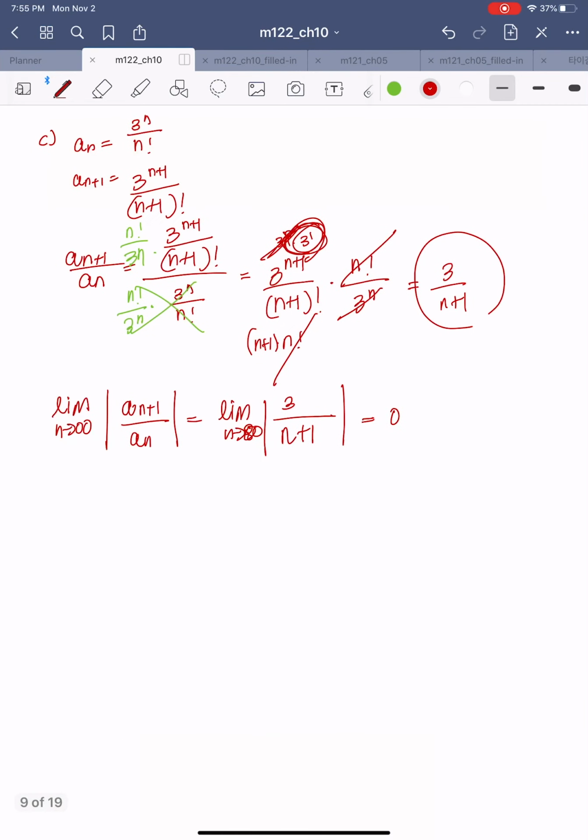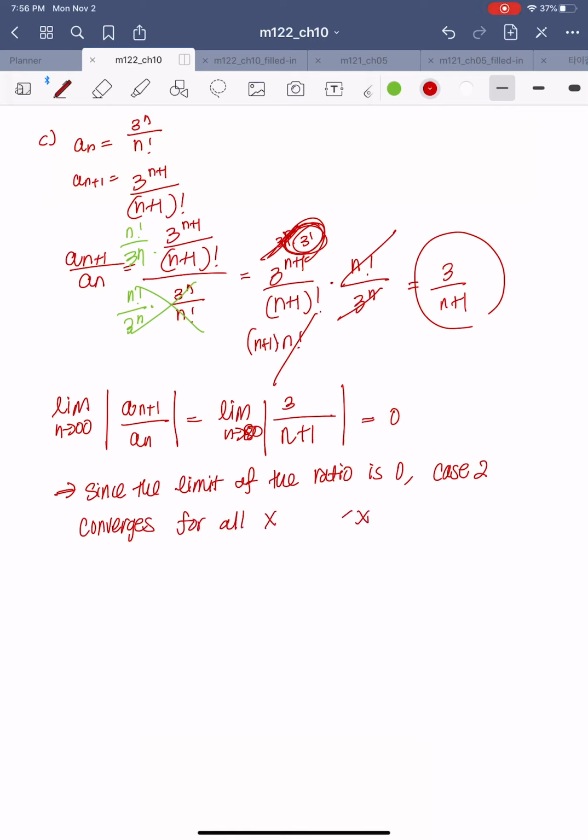So by case 2, the final answer is, since the limit of the ratio is 0, case 2 applies, and it converges for all x values.